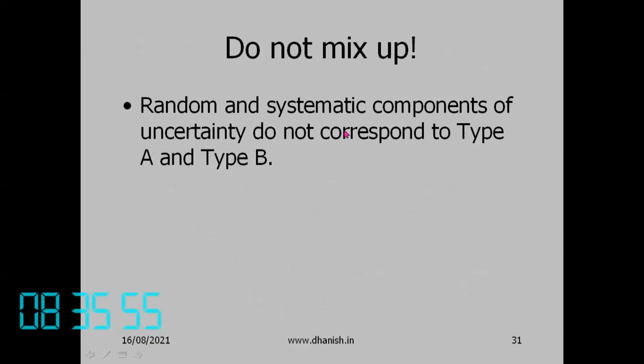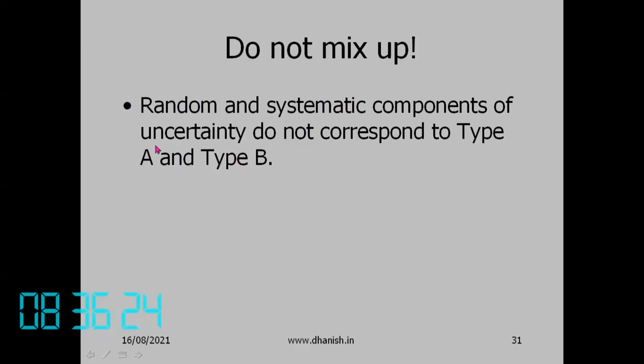So do not mix up: random and systematic components of uncertainty do not correspond to type A and type B. Why this is mentioned is because in the UK standard earlier, before the ISO standard, they had this approach. Random uncertainty is one component, systematic uncertainty is another component, and then you combine them.